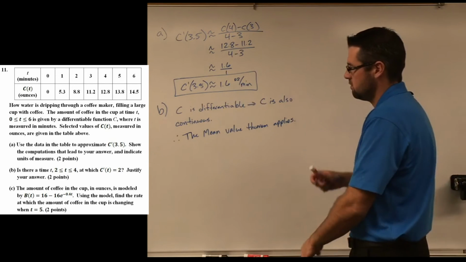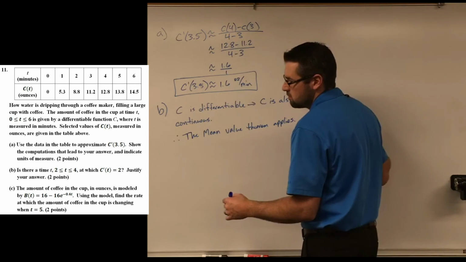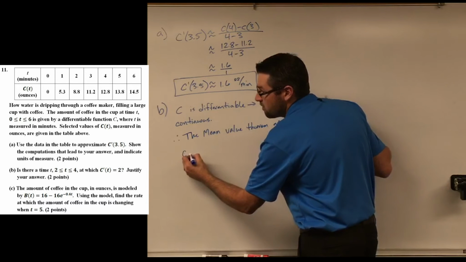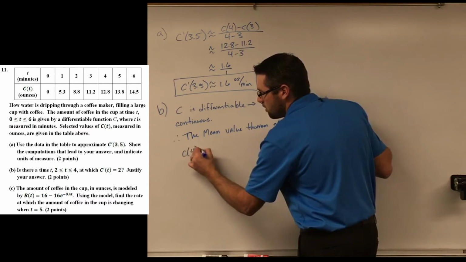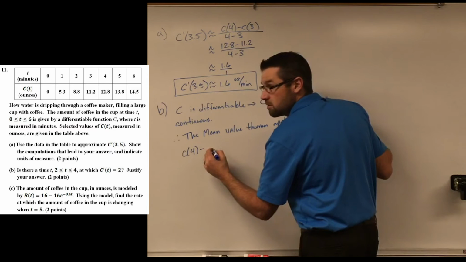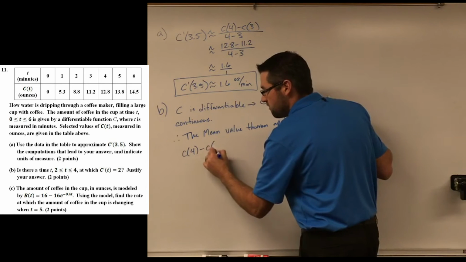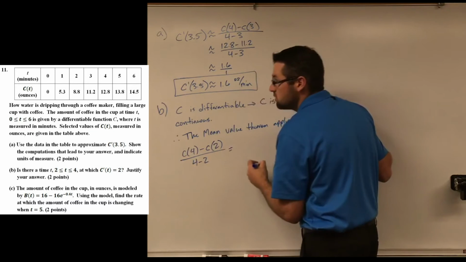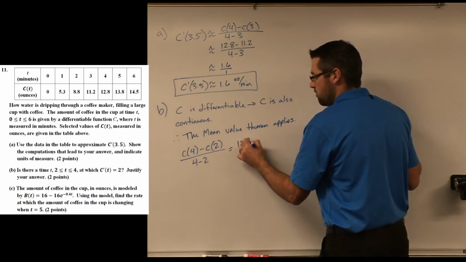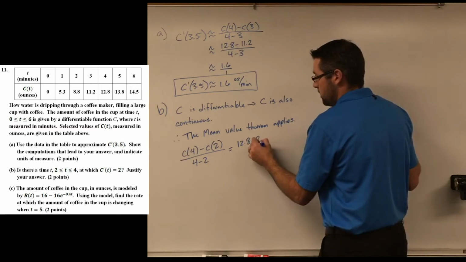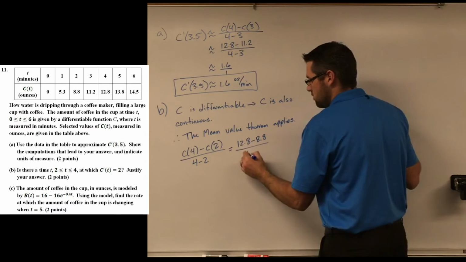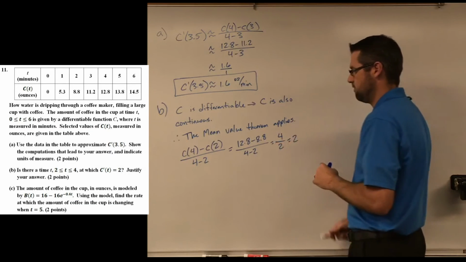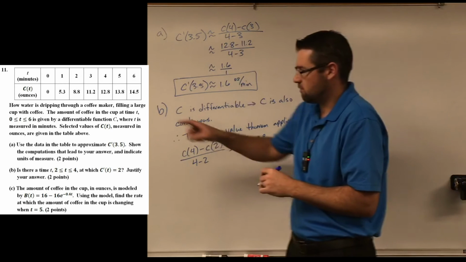And what would we do with that then? We'd say C of 4 minus C of 2 over 4 minus 2 is equal to 12.8 minus 8.8, so you got 4 over 2, which is 2, because it gives you the interval 2 and 4.